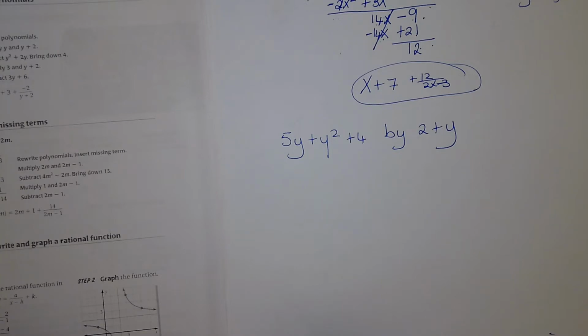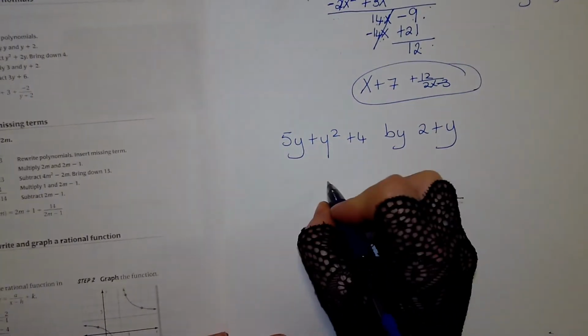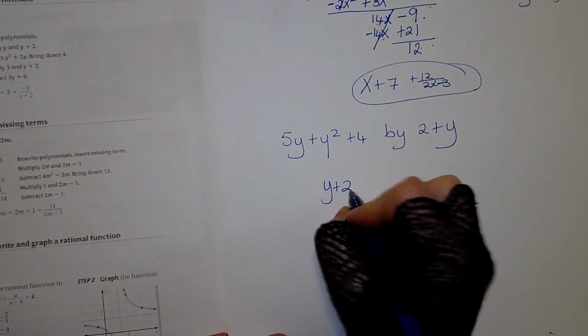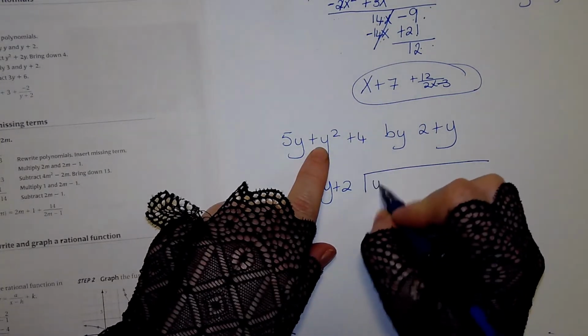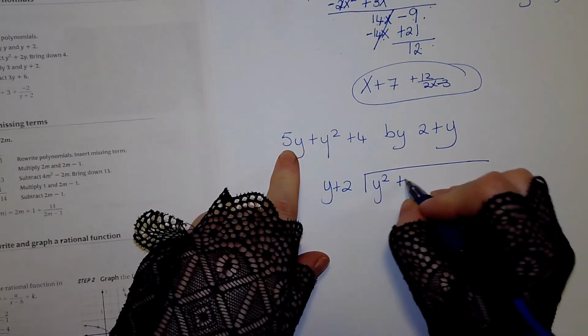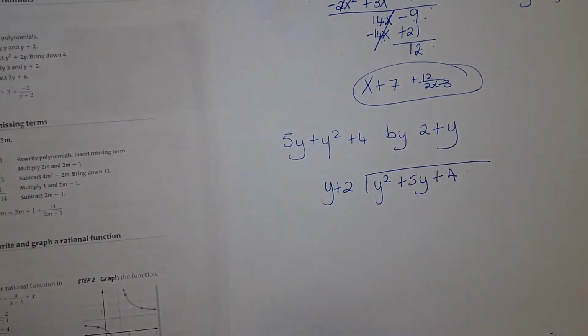So I'm going to go ahead and do that. So 2 plus y, you need to write y plus 2. And you divide it into y squared plus 5y plus 4. If you do not put it in descending order, then you will get a wrong answer. So it's really important that you remember to do that.